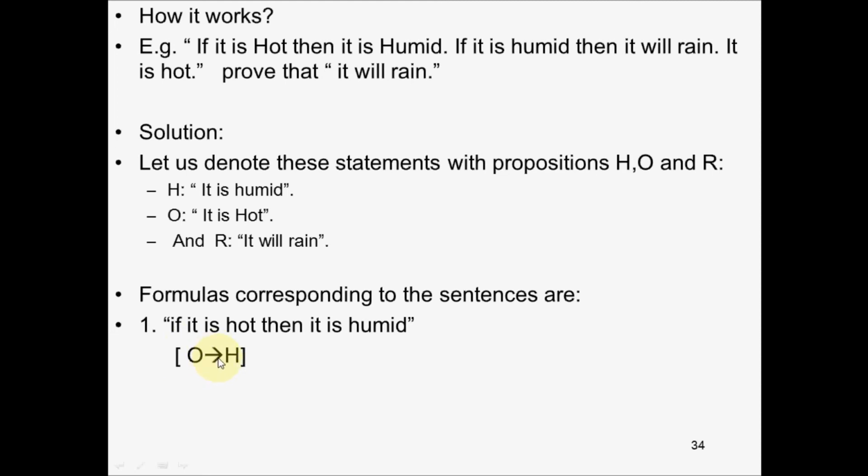So again we'll be using the procedure that we saw earlier, and the first step tells me that I have to eliminate the implication. So O implies H can be written as not O or H. Now is the sentence in CNF or clausal form? Yes, because this is an individual clause, so it is in CNF.